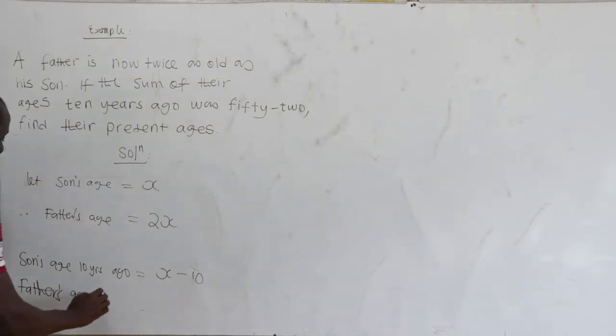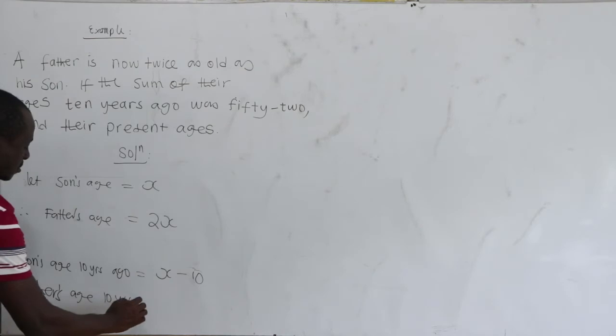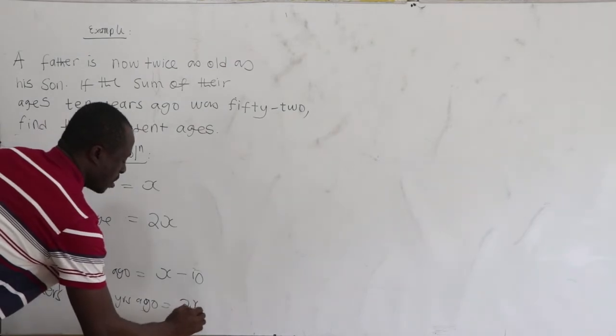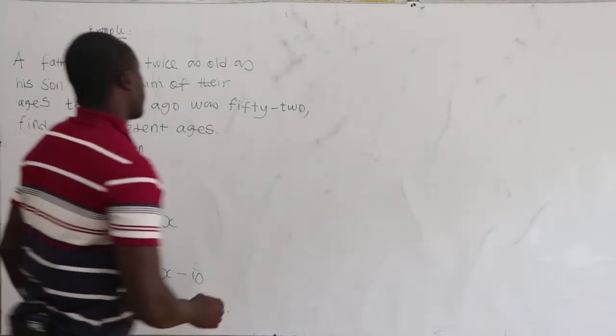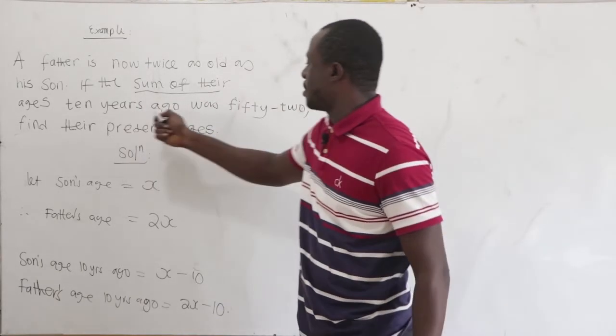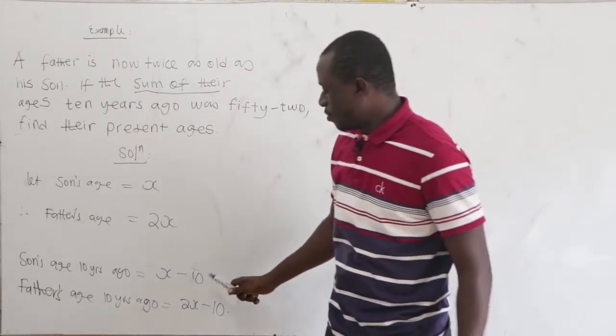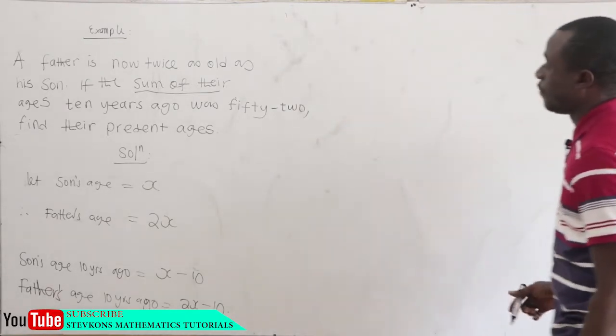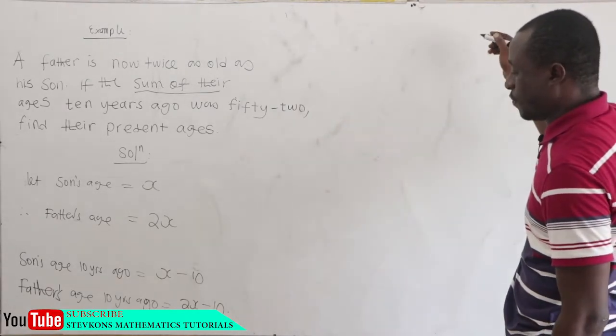Father's age 10 years ago: the father is 2x, so 10 years ago, that will be 2x minus 10. Now, what are we told? We are told that the sum of their ages 10 years ago was 52. So we add x minus 10 plus 2x minus 10, and then we equate to 52 because the sum of their ages will be equal to 52.